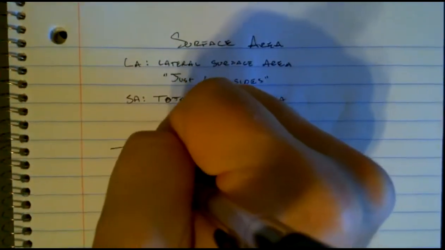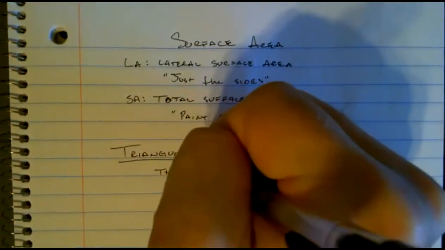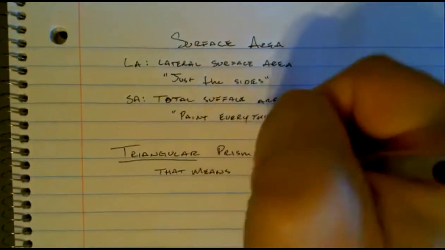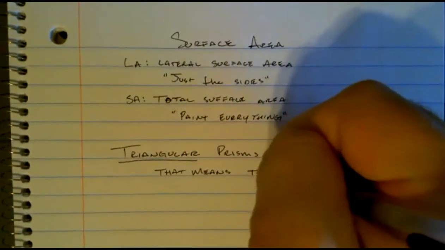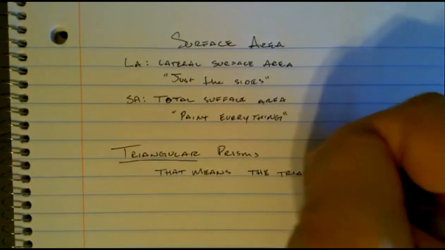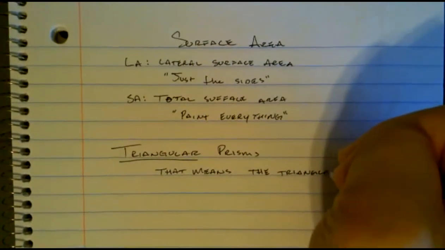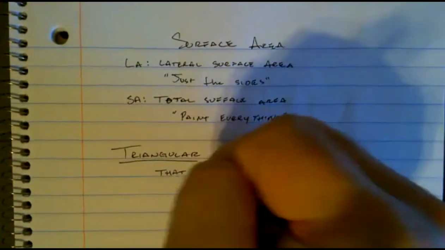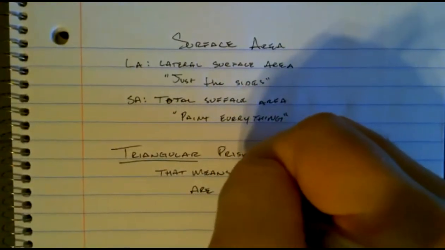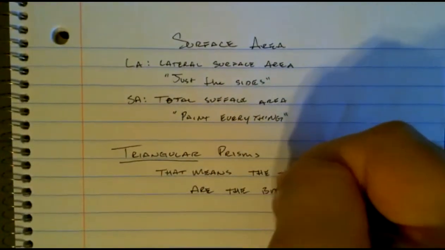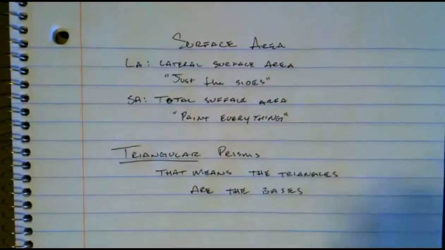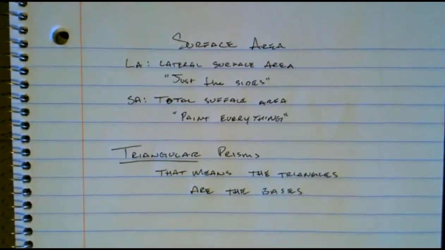Triangular prisms, that means the triangles are the bases. Okay. The triangles are the bases. That's what the name is telling you, right? Triangular prisms have triangular bases. And that's very important.